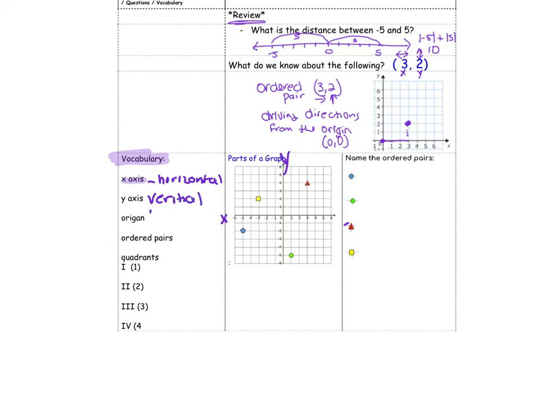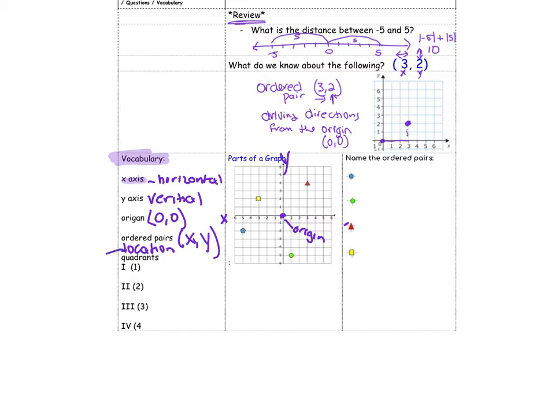The origin is where the two cross at 0, 0. So right here, origin. Ordered pairs, that's your X and Y, tell you how to drive from the origin to plot that point. So it tells us the location of the point.